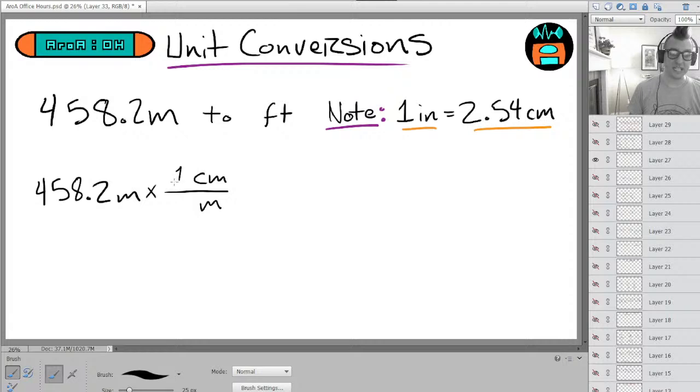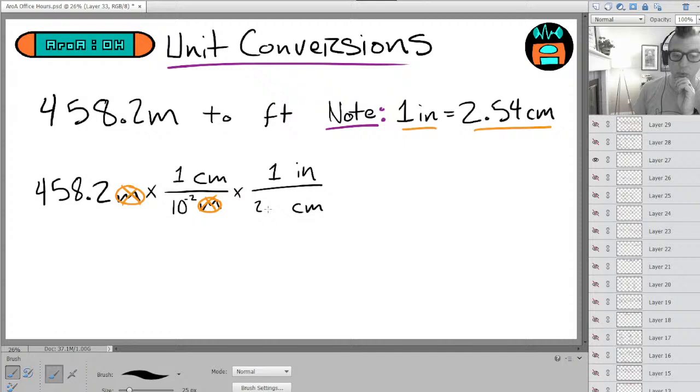We know that centi is 10 to the negative 2, so 1 centimeter is 10 to the negative 2 meters. Meters will cancel. Our next unit conversion needs to cancel centimeters and leave us with inches. And that unit conversion we get right here. 1 inch is 2.54 centimeters. Centimeters cancel.